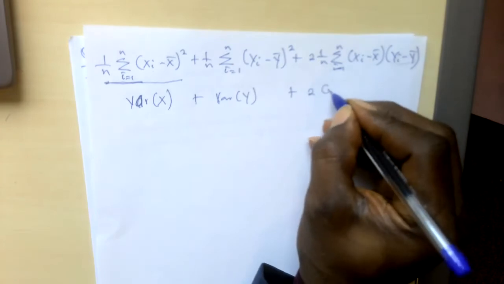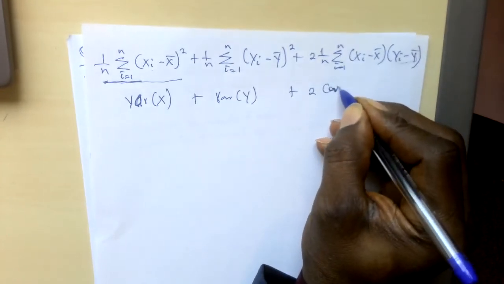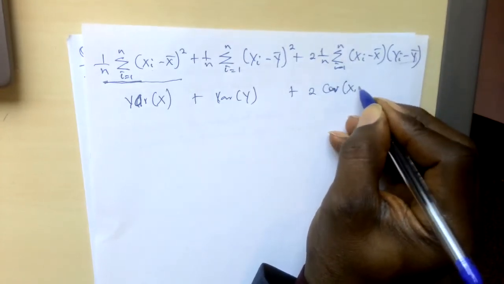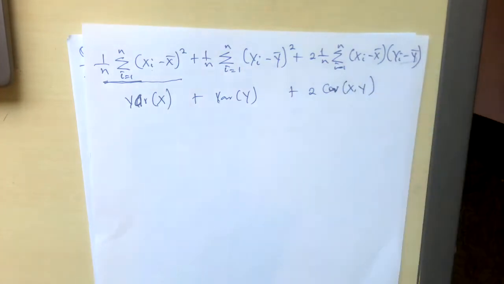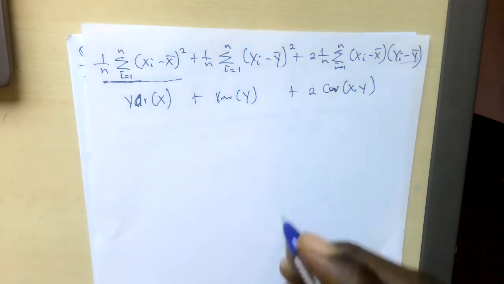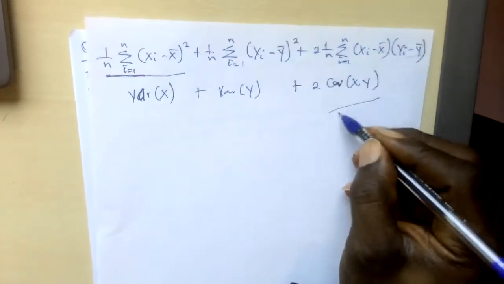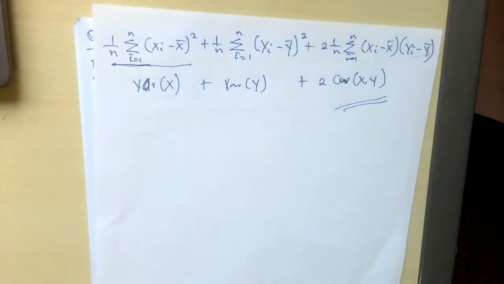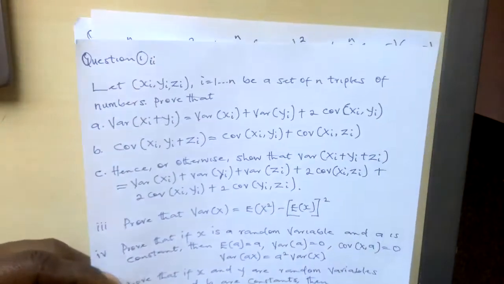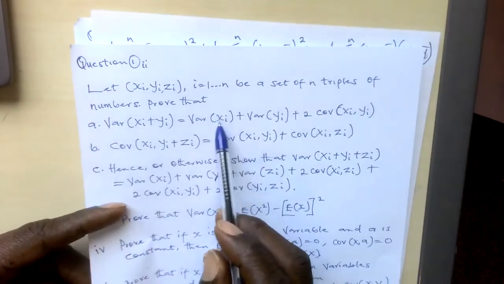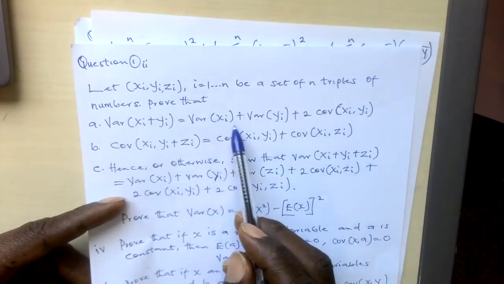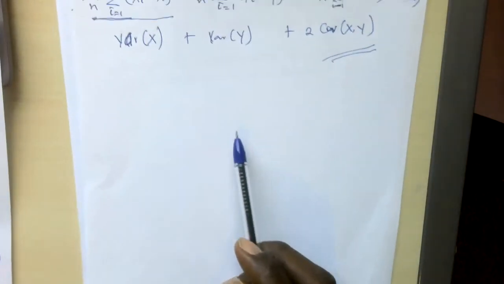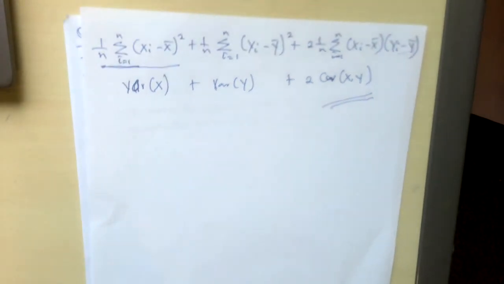It's not the variance, but the covariance of x and y. So basically that is proved from what we are asked to prove. Look at it here. We are asked to prove this, right? So that's exactly what we arrived at.